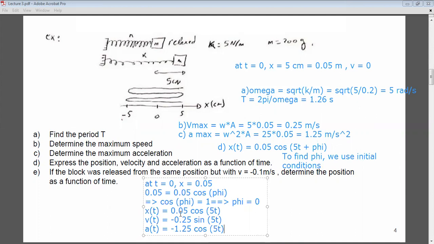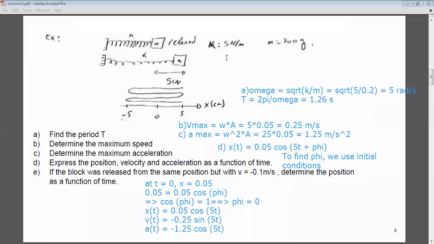Okay. Now, if the block was released from the same position, but with V equal to minus 0.1. So at time equals 0, x is still equal to 0.05, but V is minus 0.1. So let's change the initial conditions.